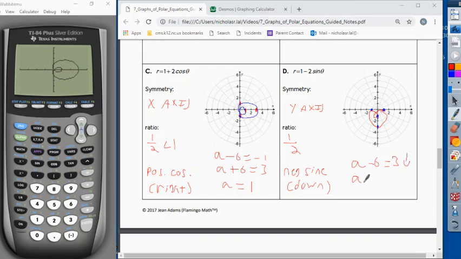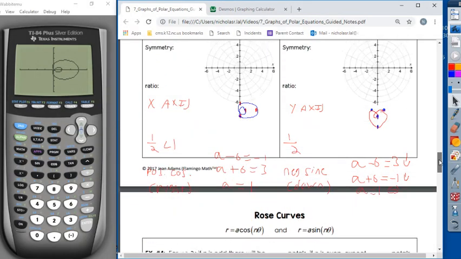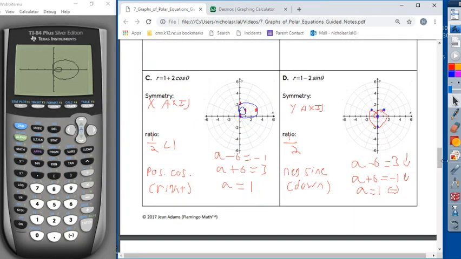A plus b is negative 1. Negative 1, you're facing up, but you move down 1, so you're also going down. And then a is equal to 1 going across left to right. So that is the limicon section.